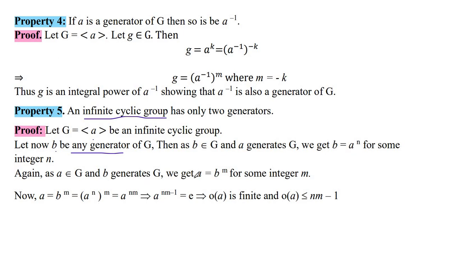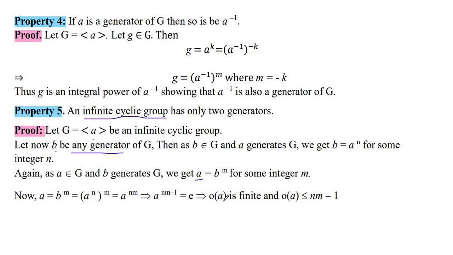So you consider A, that is nothing but B raised to m, but B is nothing but A raised to n, so you have this step. This is rewritten as A raised to nm. When you multiply both sides by A inverse, you have A raised to nm minus 1 to be the identity element.